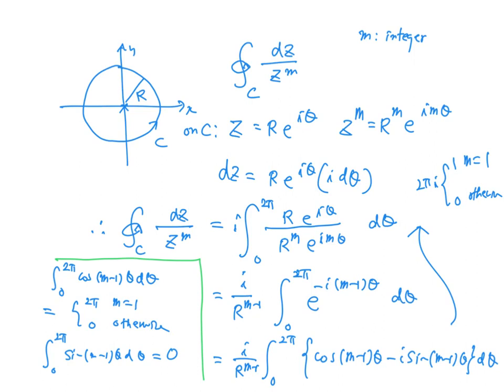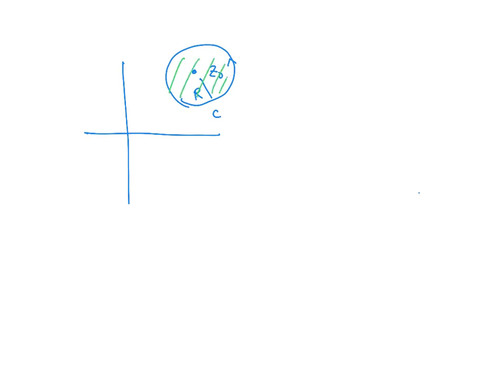What about if the point is not at the origin? Somewhere else. How about we have some point, and this unit circle is C. So instead of the center, we have some other point, not the origin.